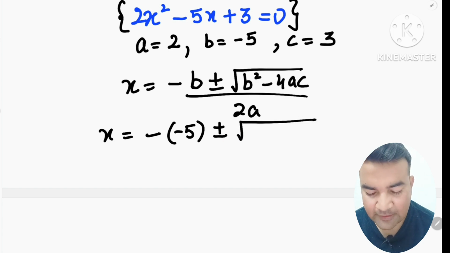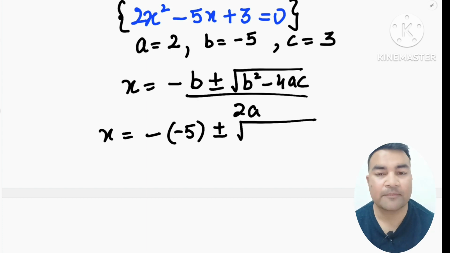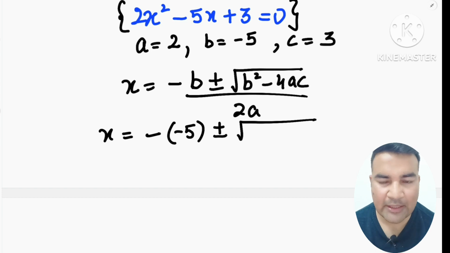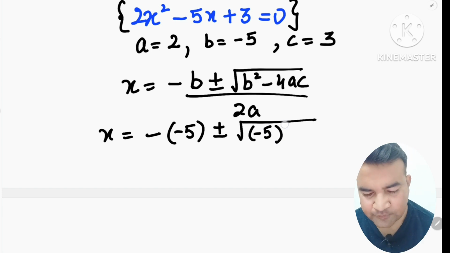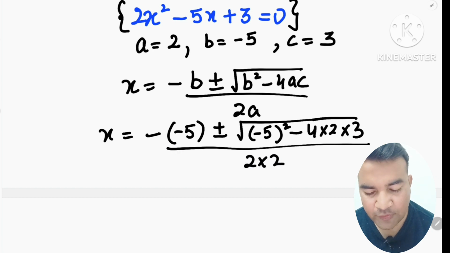Why are we writing plus minus? When we solve the equation and find the under root, as we know, a quadratic has two roots. So at one time we will use plus and second time we will use minus. So here b is minus 5 whole square minus 4 times 2 times 3, whole upon 2 times 2.